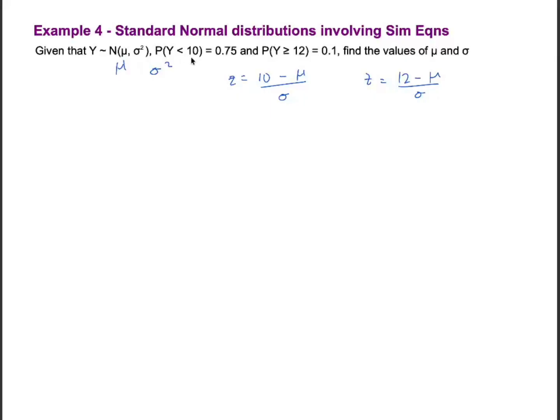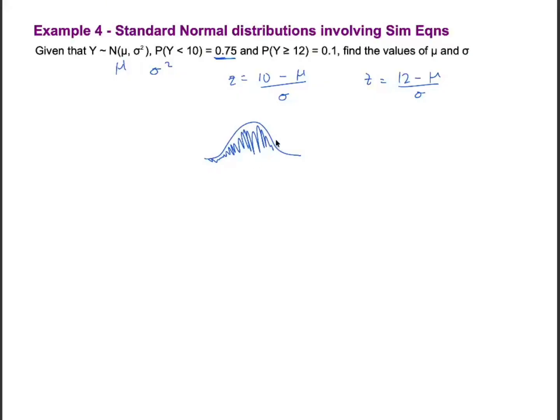Here we are looking at below 10, which means it looks something like this, and we want 75% of the area shaded, because that's what that means. The probability is 0.75. That means we are shading it such that we get 0.75.